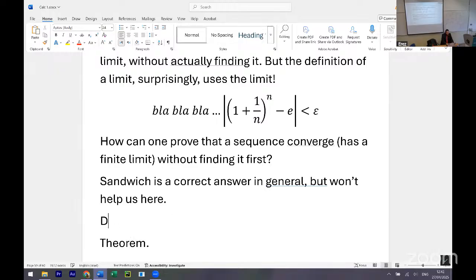Excuse me, a definition first. Definition and then theorem.